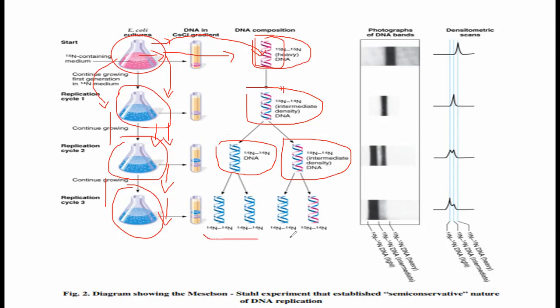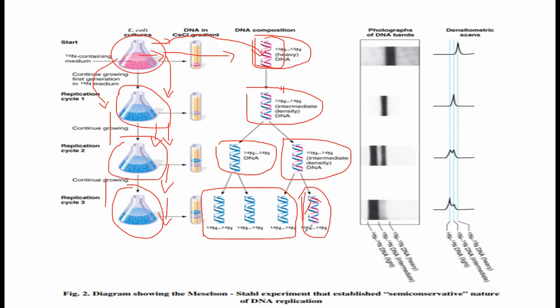If you look at the last one, we have three DNA strands which contain nitrogen 14, and the other one is 50-50. One strand is nitrogen 14 and another one is nitrogen 15. So it was successfully demonstrated that DNA replication is semi-conservative in nature.